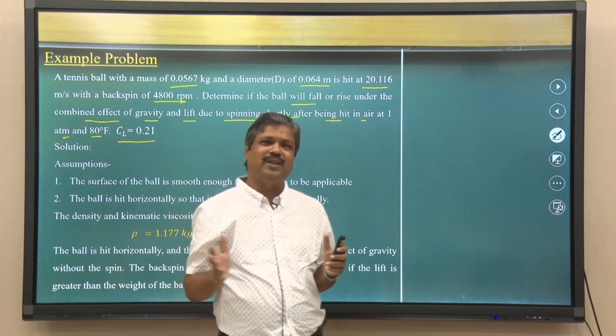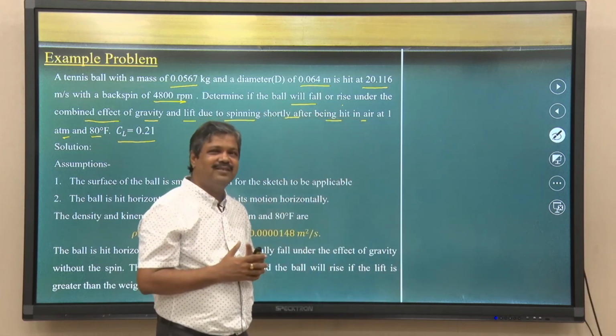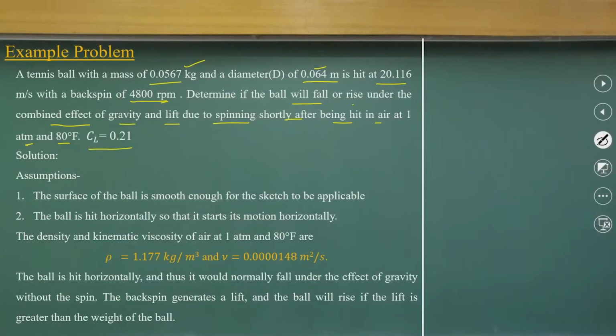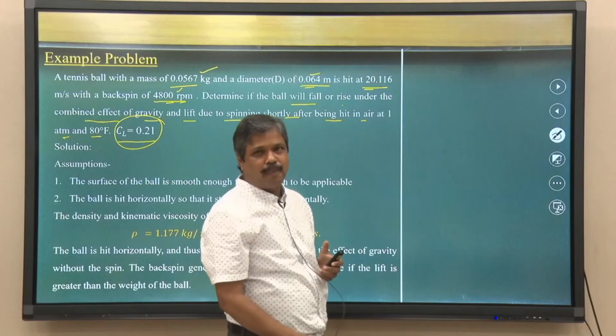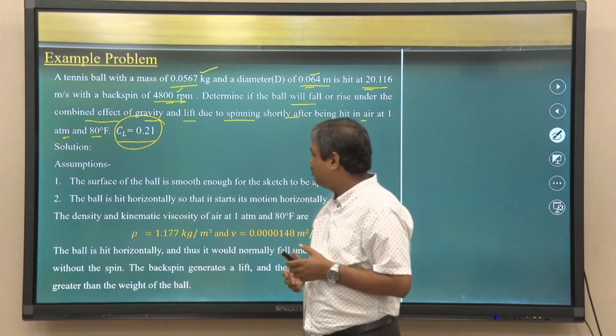This is a very simple case, but the description is written in terms of tennis balls. It has the mass, and the diameter, which we need to estimate the frontal area. We have the velocity, and a spinning speed which is not necessary here, because the lift coefficient for the spinning conditions is already given to us.